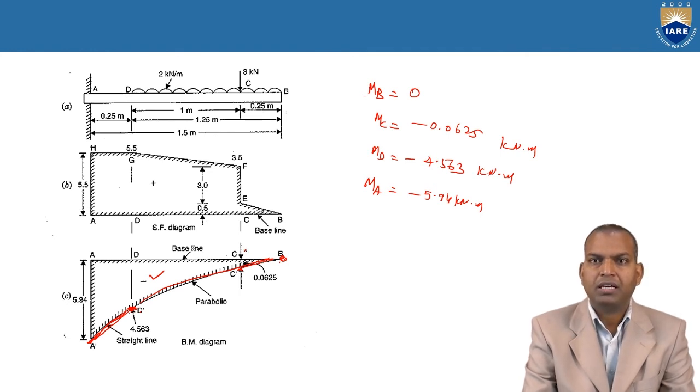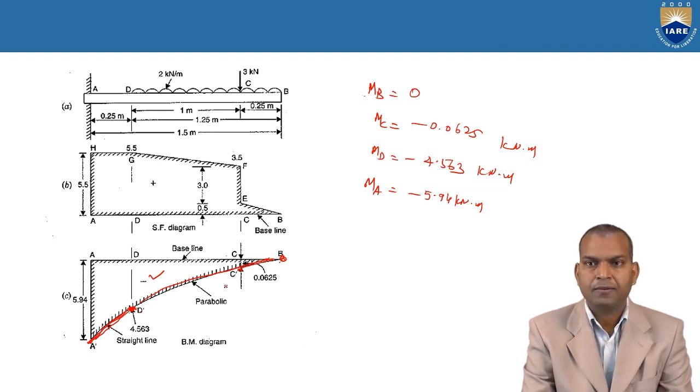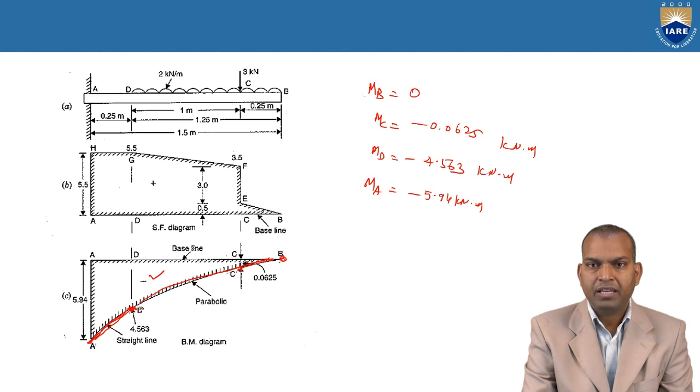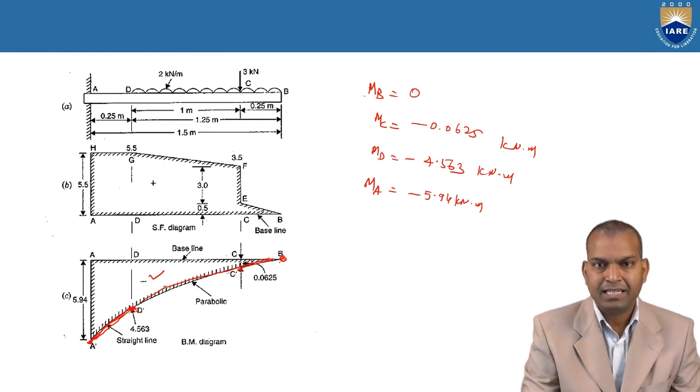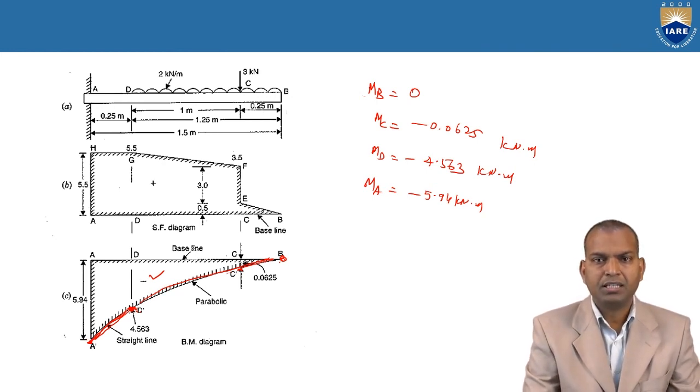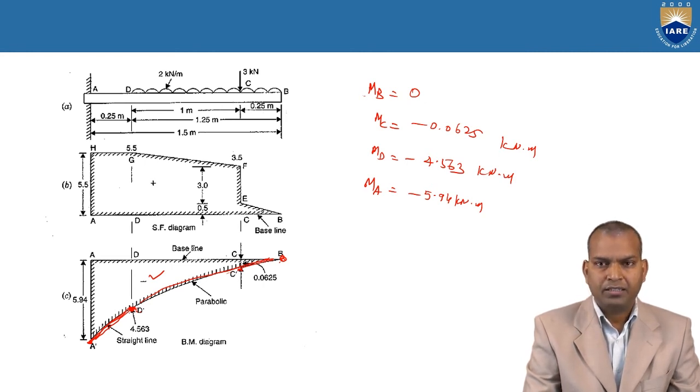If we calculate the equation at a distance of x, it comes out as a parabolic equation. So it varies parabolically from B to point D, and from point D to point A it varies linearly. Thus we can understand how to draw the bending moment diagram.